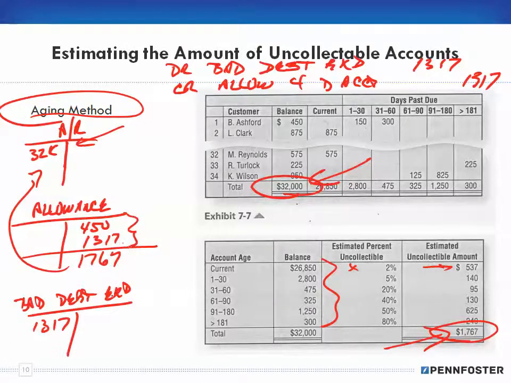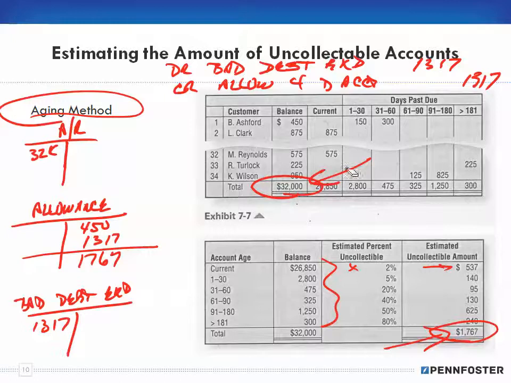Again, 1,767 less 450 gives me 1,317. That's going to be the amount that I'm going to use for the journal entry in order to make sure that my estimate of 1,767 is in line with my accounts receivable of 32,000.